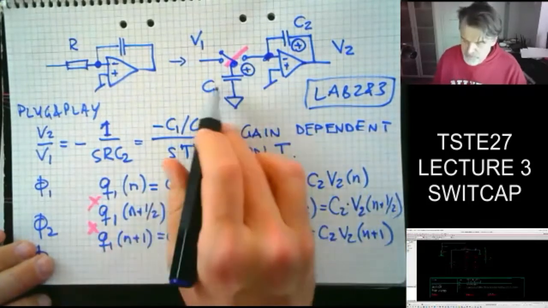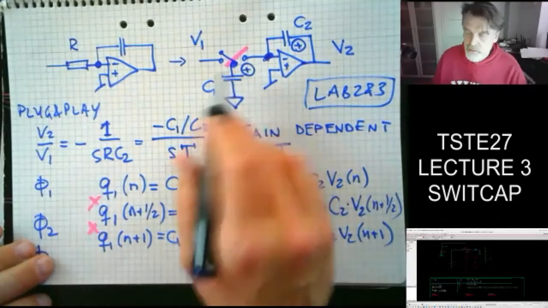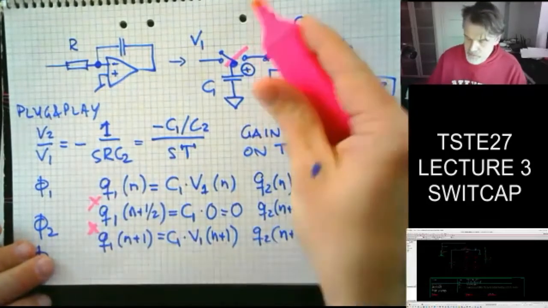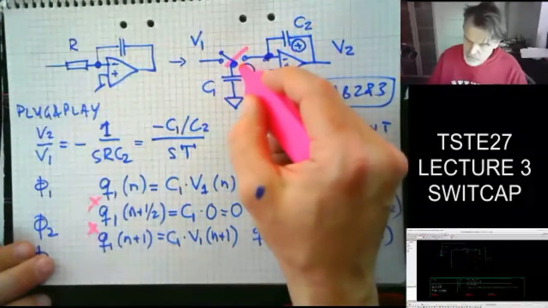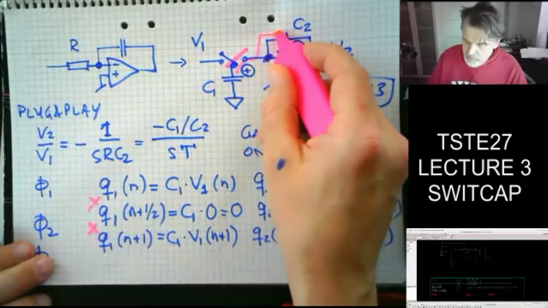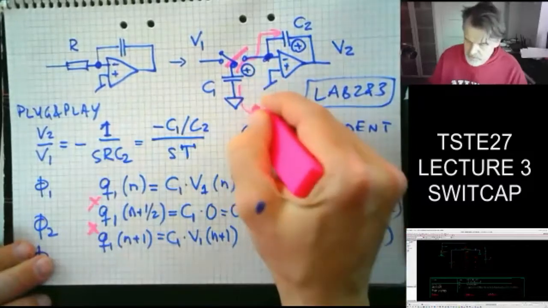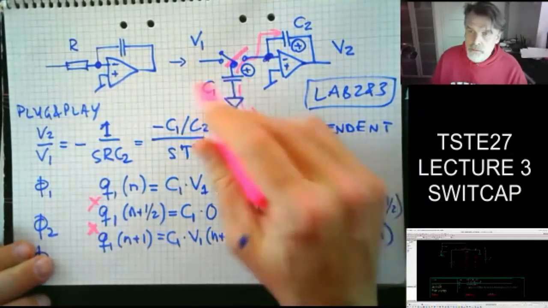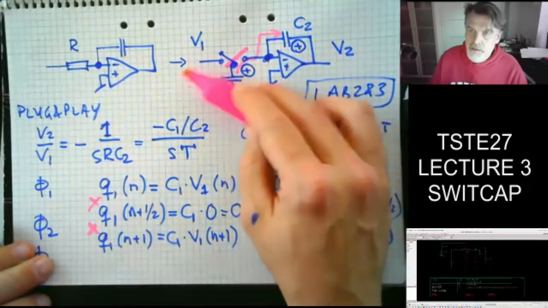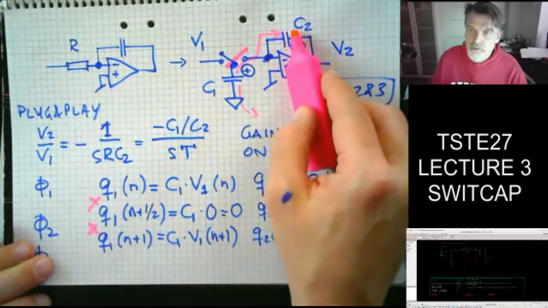Well, this C1 will now be shorted between ground and virtual ground, so it has to drain all this charge. But the charge is not lost in vain. Instead, it has to go up here and put itself on the negative plate of C2, and this charge is just flushed through the ground. So I do have an accumulation happening here. I have V1 charging C1, and then I flush it and move the charge up to C2.